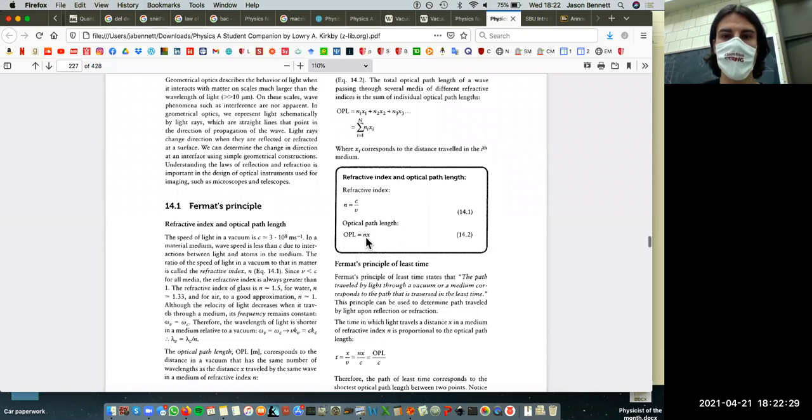So n, the refractive index of the material, is kind of how easy it is for something to move through. For instance, if you shine light on water or jelly, it doesn't travel as quickly as it would through the air or vacuum. So this optical path length is kind of like how hard it is for something to move through something.